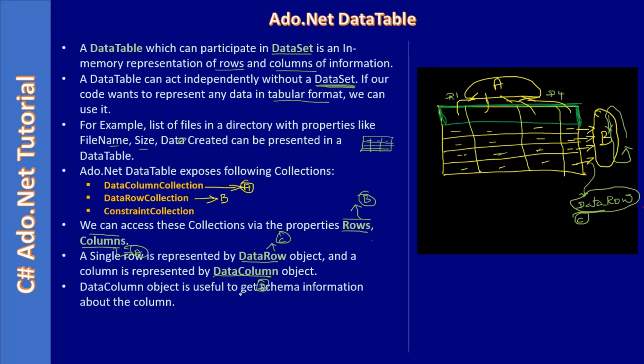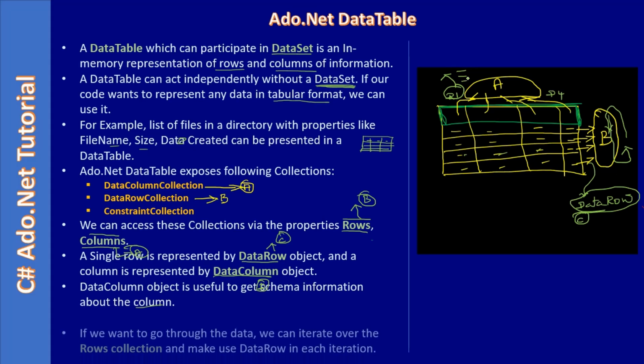The data column object is useful to get schema information about the column. So if you take D1, you can get schema information like the column name, its data type and other details.